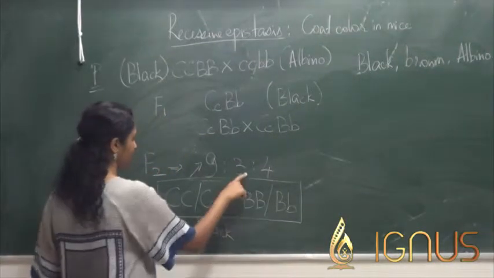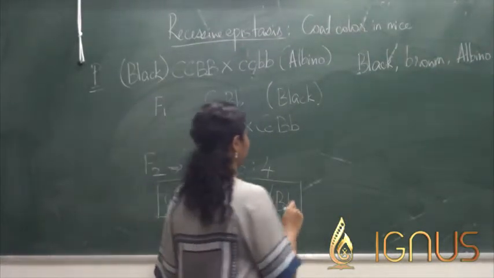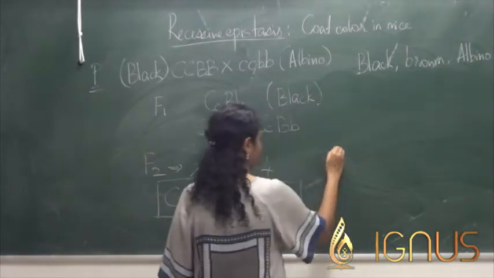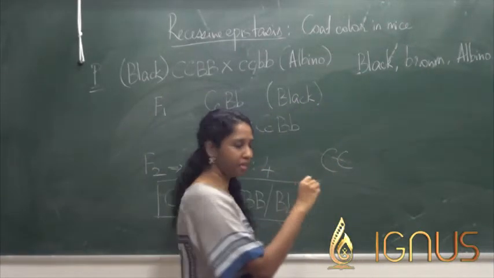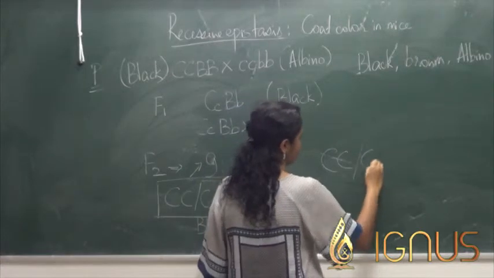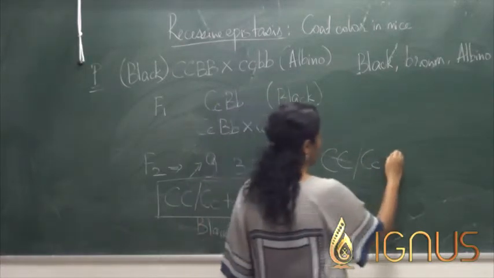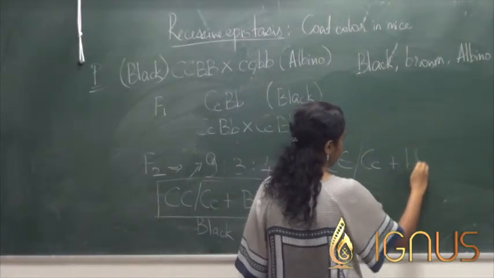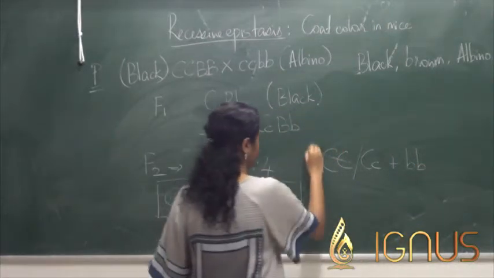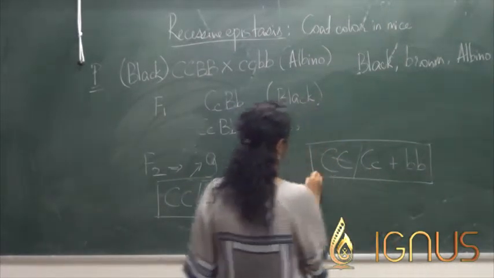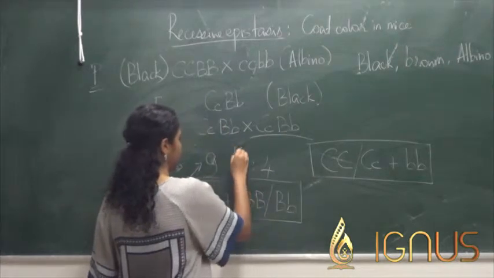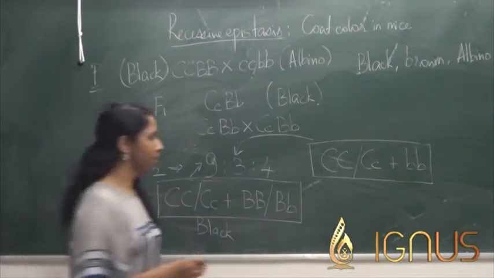Now where does the 3 come from? That is brown, when you have homozygous dominant C or heterozygous dominant C in combination with homozygous recessive B. So this combination is going to give you brown color, which is 3.